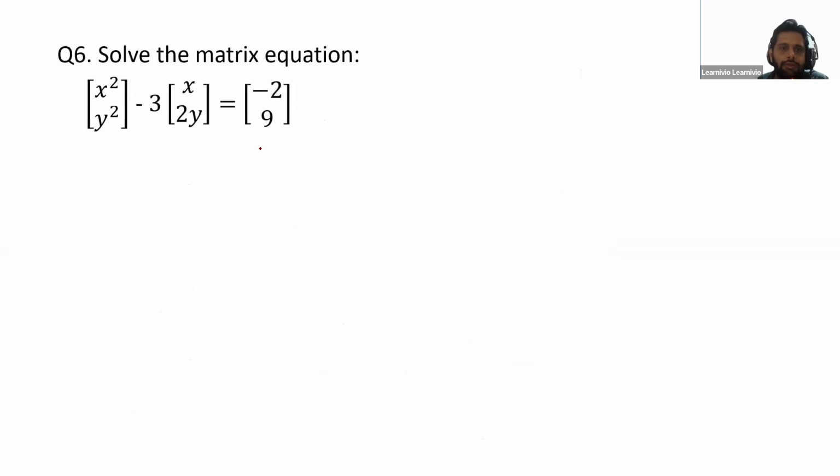Next one. Please try this question. Question number 6. Solve this matrix.